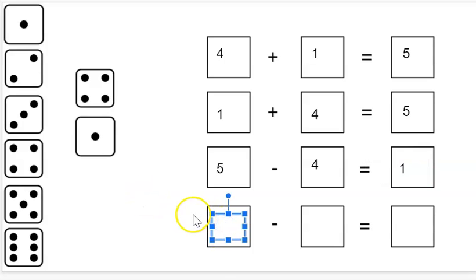I can also start with 5 and just take 1 away. How many would I be left with? That's right, 4. So I just created addition and subtraction equations using 4 and 1.